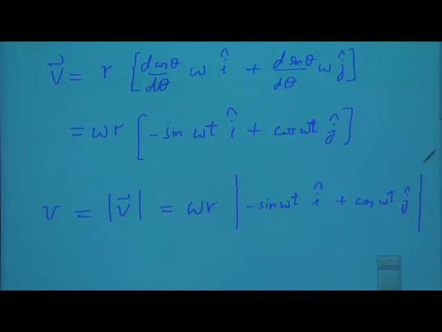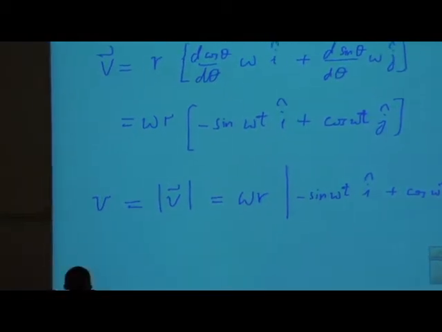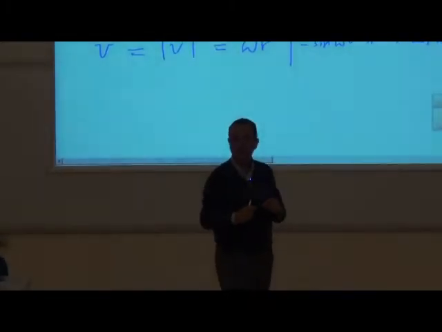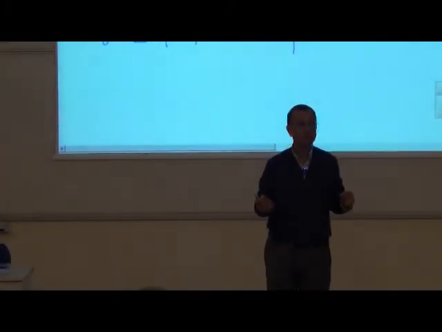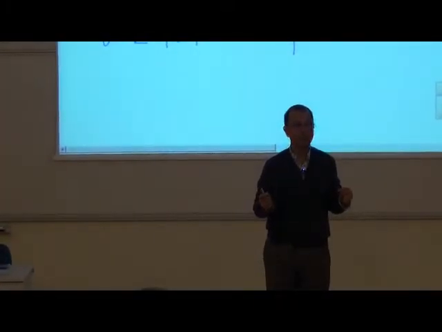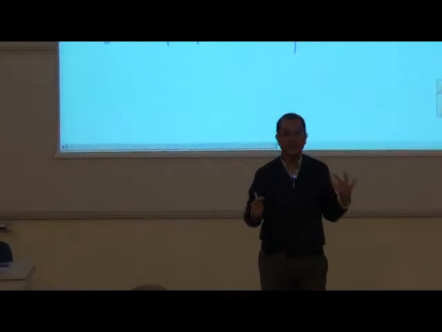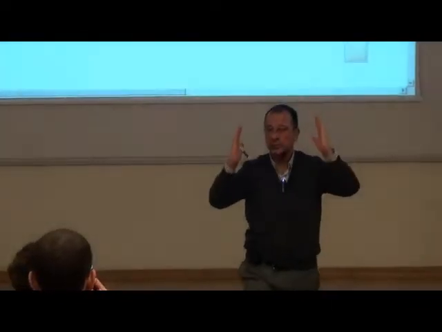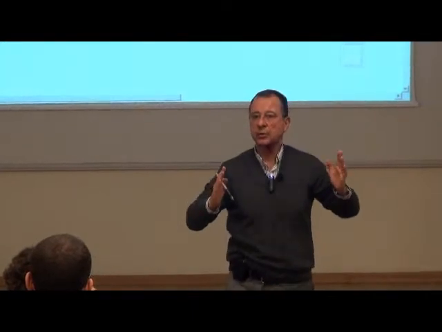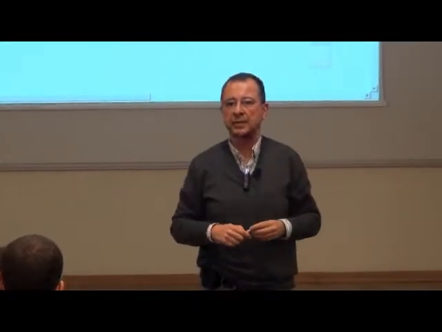Remember the notation, this absolute value around the vector means the length of the vector, the magnitude of the vector. Now let us calculate the magnitude of this vector, minus sine omega t plus cos omega t.